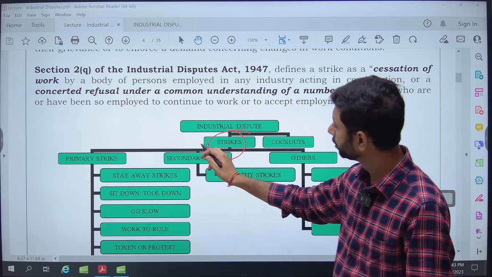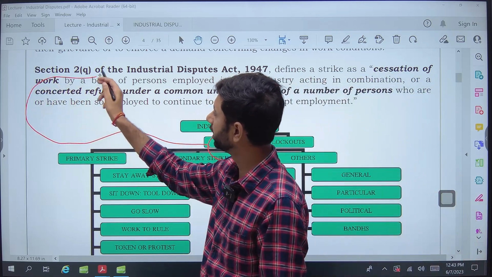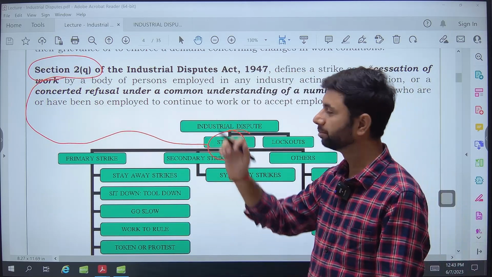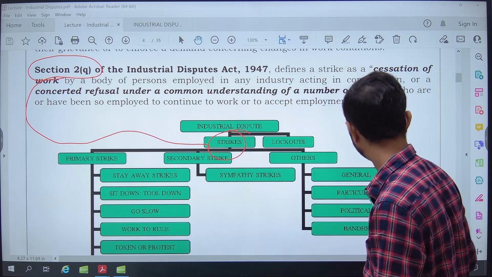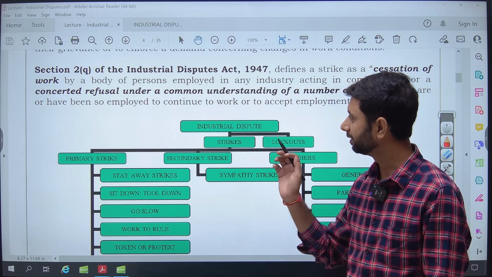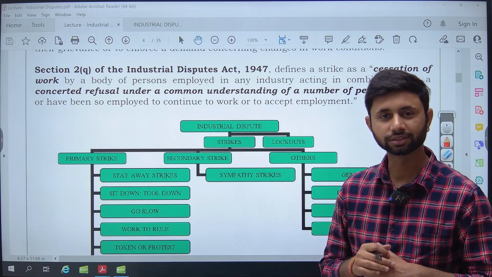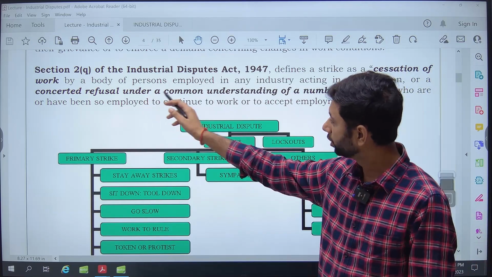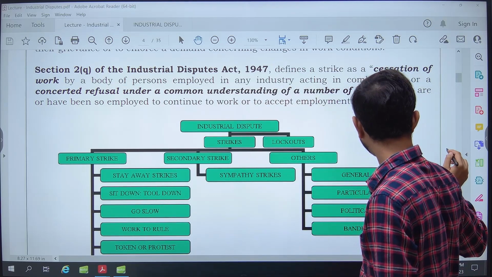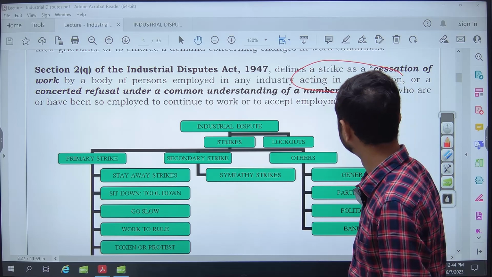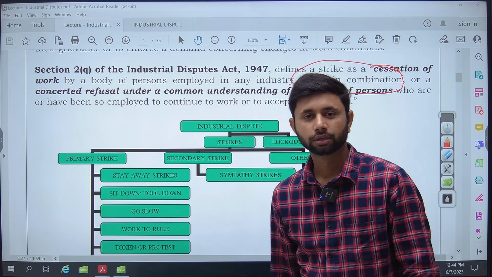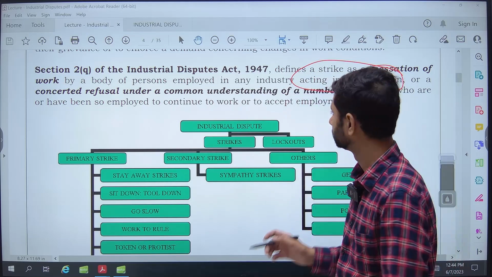This definition is provided under Section 2(q) of the Industrial Disputes Act 1947. Very important. Please do remember this. Although the section number may or may not come, the definition, which is the exact wording of it, is: the cessation of work by a body of persons employed in any industry acting in combination. Not a single person, but the combined body that needs to be ready to stop the work.